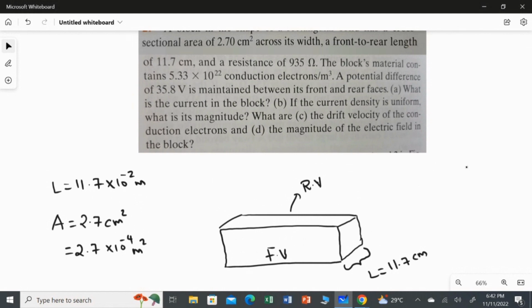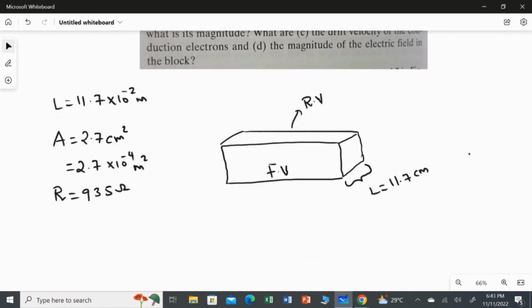Clear? And the resistance of the block is given. What's the value of the resistance? It is 935 ohm. And this is a conducting material, so it must have conduction electrons. How many electrons are here? Generally, if you have a conductor, you have n number of conduction electrons, and that value is given.